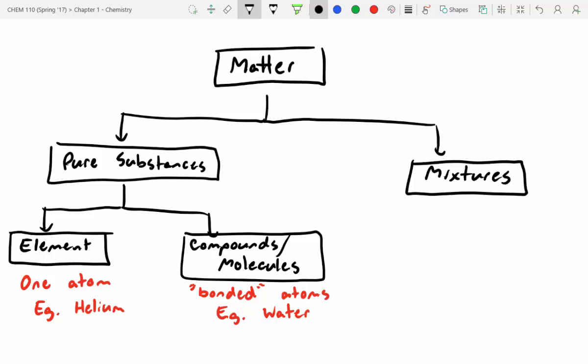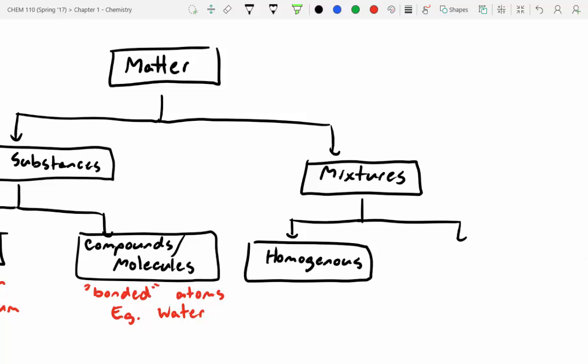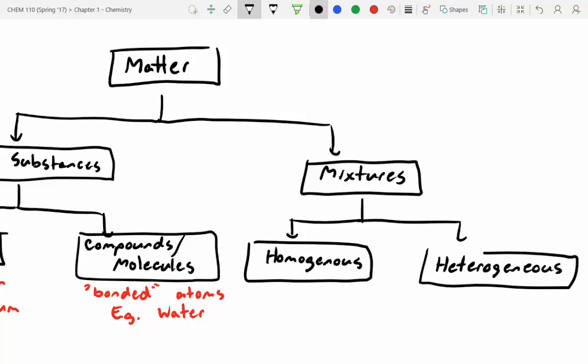With mixtures, we can classify these as two different types as well. We have homogeneous, and then we have heterogeneous. All right, so we've got some prefixes here. What does homo mean?